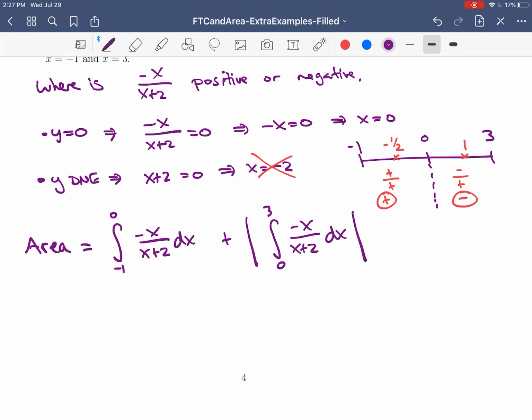I guess we could solve this. I didn't intend for it to be this difficult though, but we'd need a substitution, and it's a tough one.